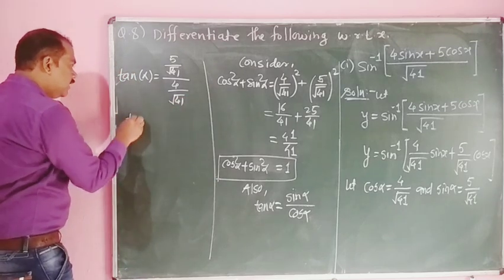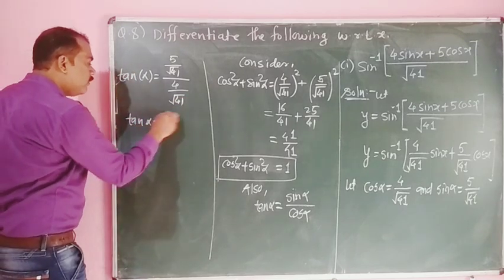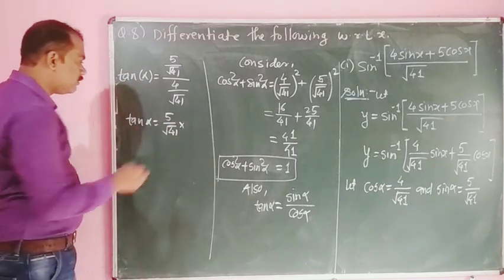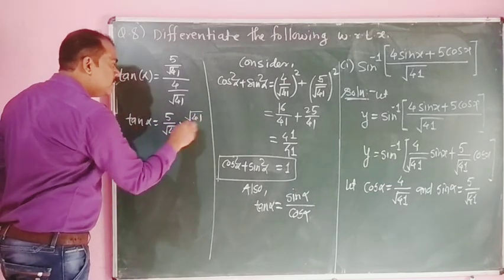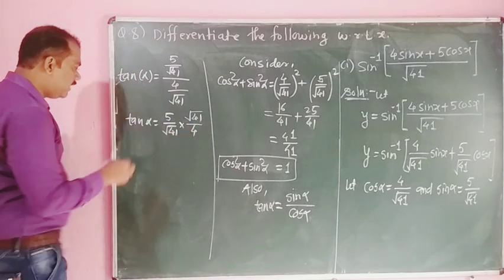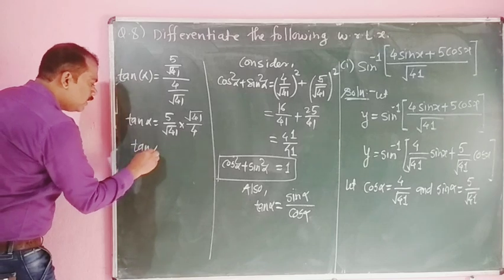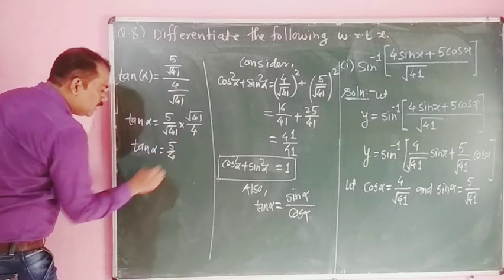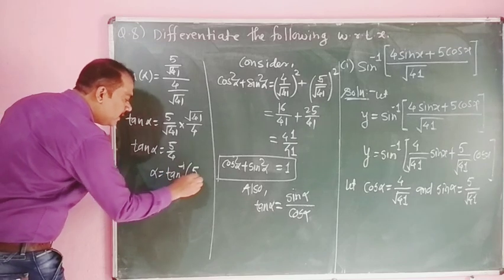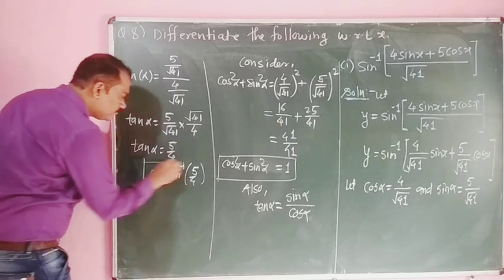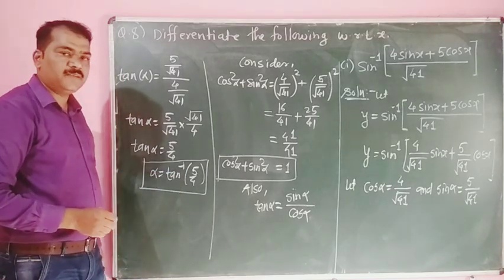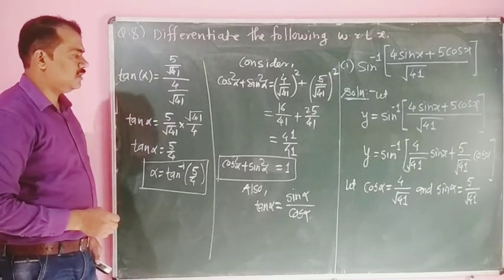That is 5 divided by root of 41 into its reciprocal, root of 41 divided by 4. Root of 41 gets cancelled, giving 5 divided by 4. So alpha is equal to tan inverse of 5 divided by 4. Alpha is a constant, so tan inverse of 5 divided by 4 is also constant.